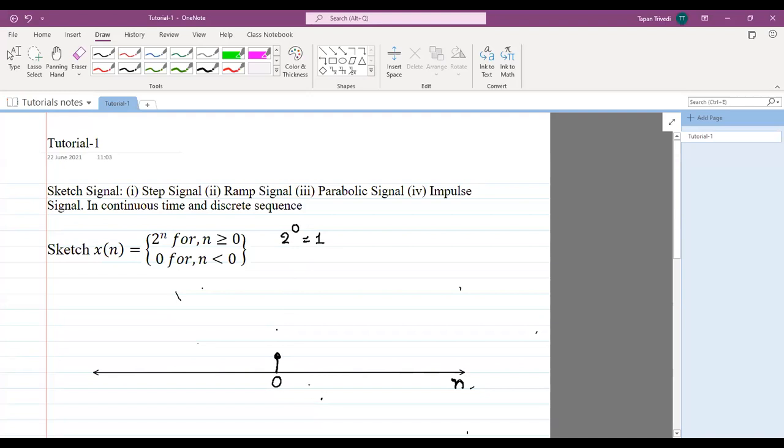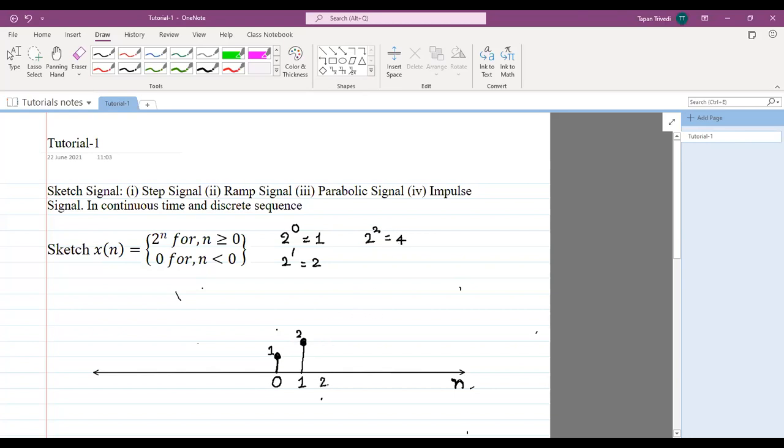Remember, it's a discrete time signal. Then 2 raised to 1 is equal to 2. Don't write this 2 raised to 0 and 2 raised to 1 here. Okay? You are not supposed to write it. You are only supposed to draw it. So this is 1. This is 2. 2 raised to 2 is equal to 4.